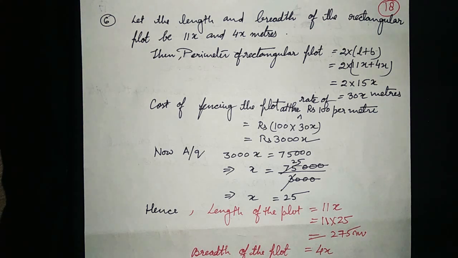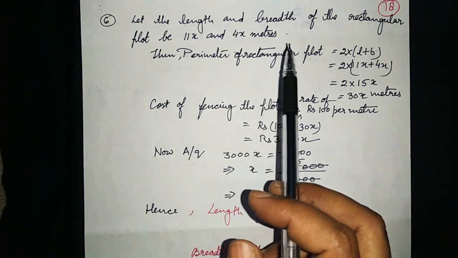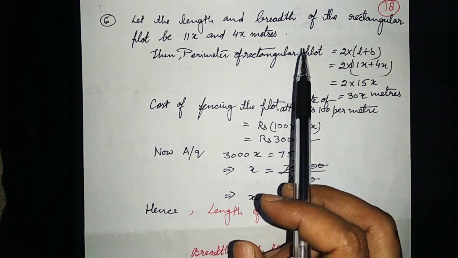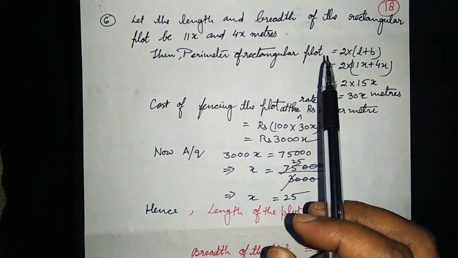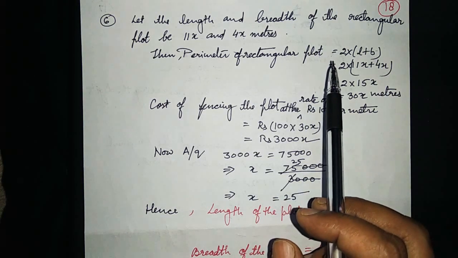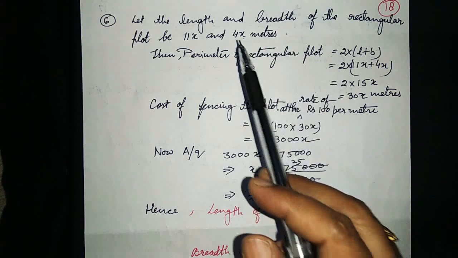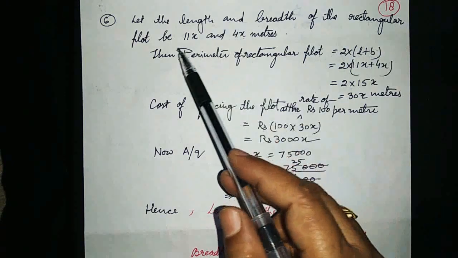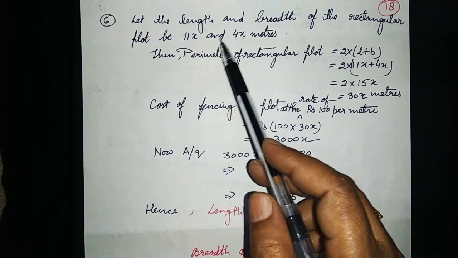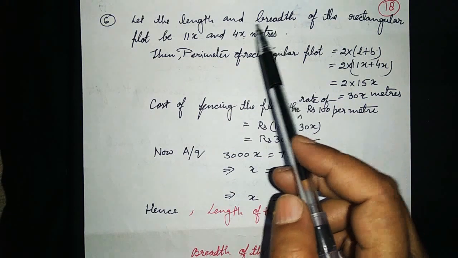This means we have to find the length and breadth of the plot. We don't know them, but we know their ratio. So we will assume the length and breadth of the rectangular plot to be 11x meters and 4x meters.